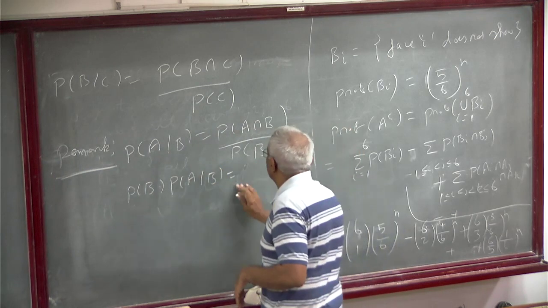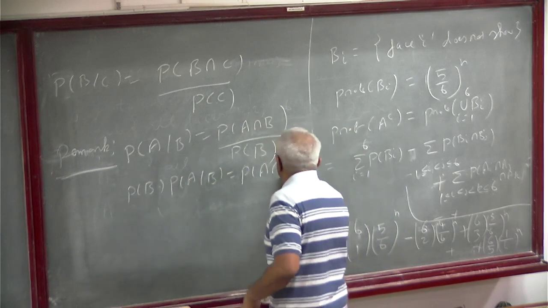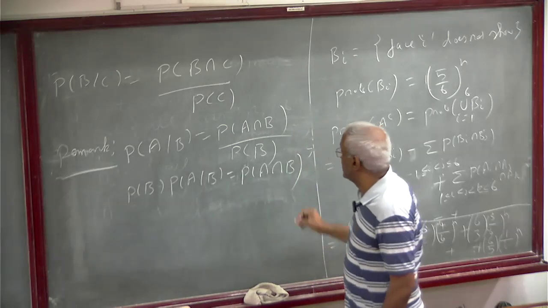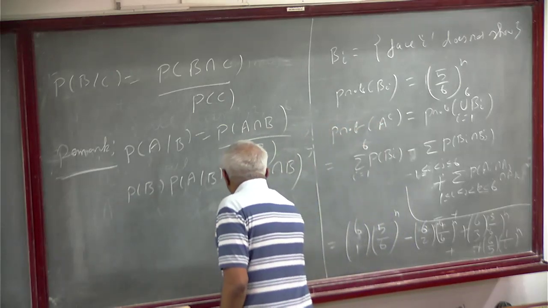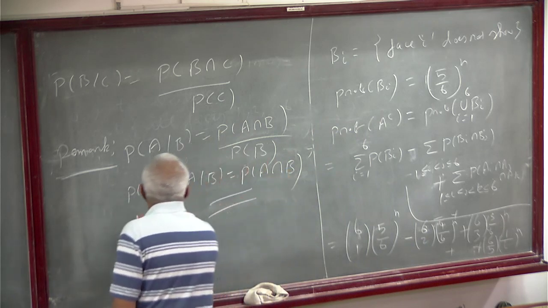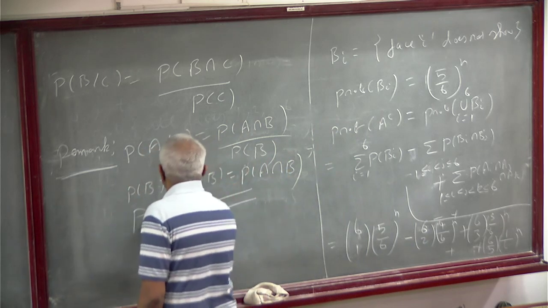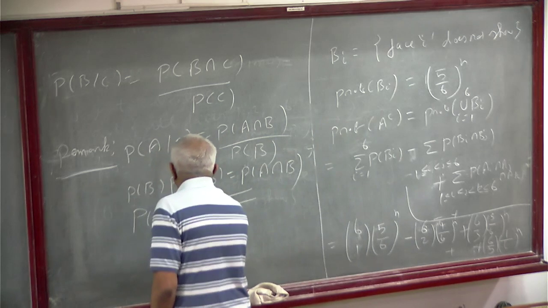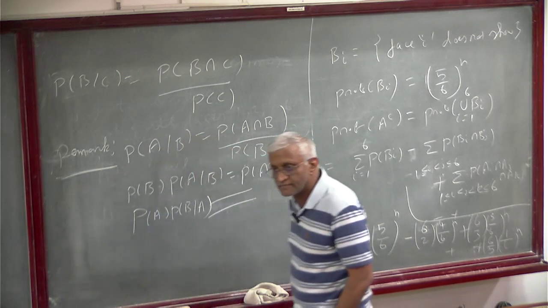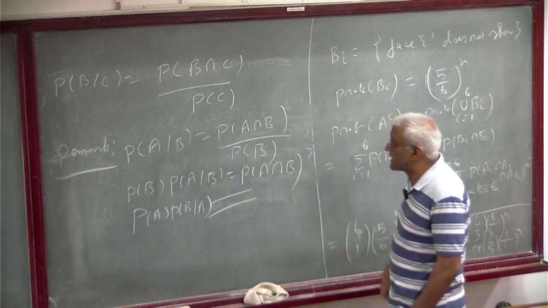But this is also equal to the probability of A times the probability of B given A.